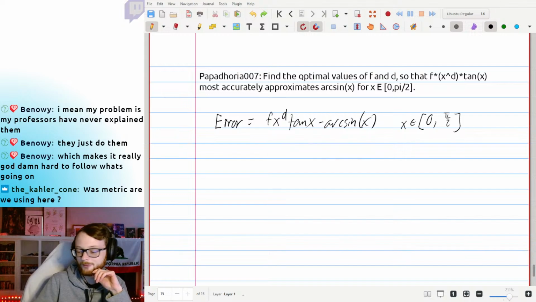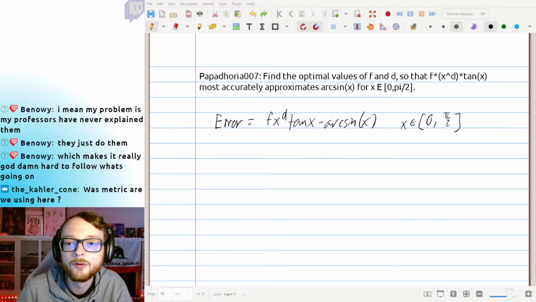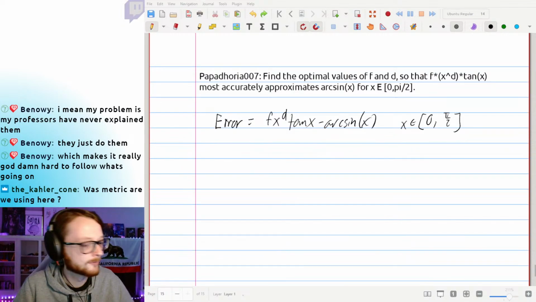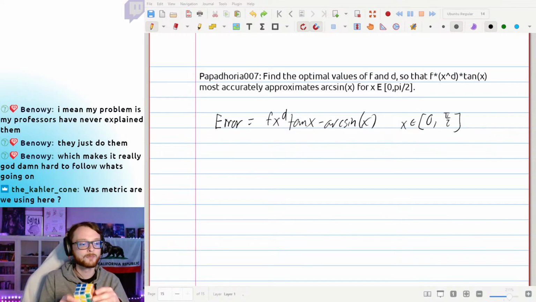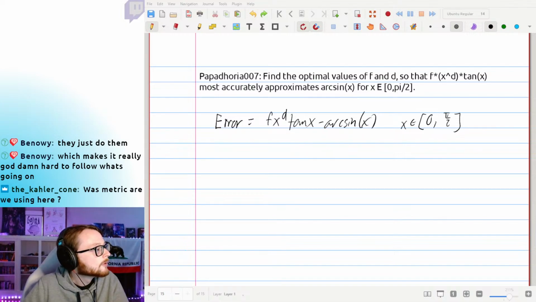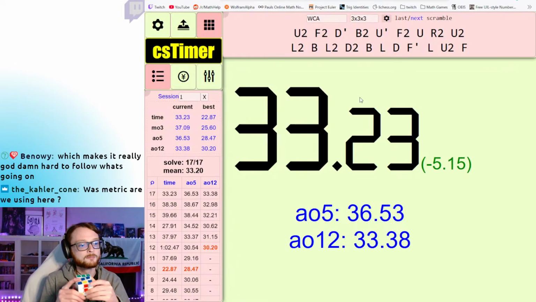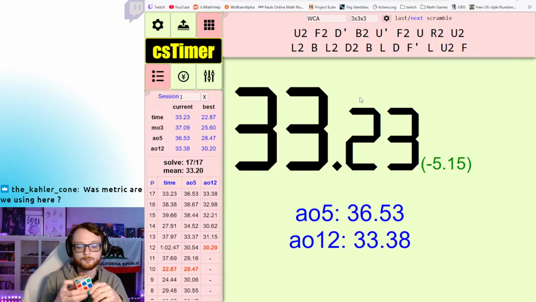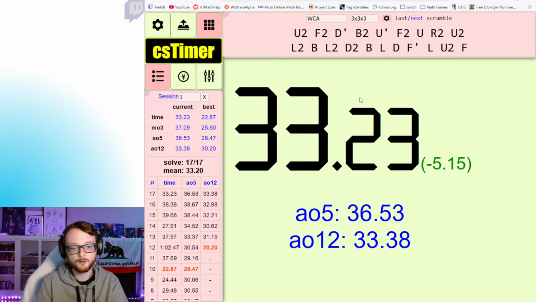A Rubik's cube. We can do a Rubik's cube. Scramble it up. Oop. I was just hoping to take the error function and do multivariable optimization. I don't know exactly how that would work. Would I treat x as a constant? That's what I was hoping I could do. All right. Scrambled.